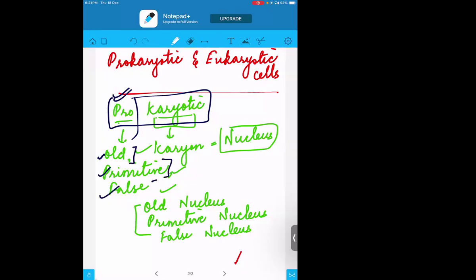Any one word you can use for it. Pro means old, or you can say it is primitive, or you can say it is false. And karyotic is basically karyon, which means the nucleus. So those organisms that are made up of the old nucleus are called the prokaryotic cells.